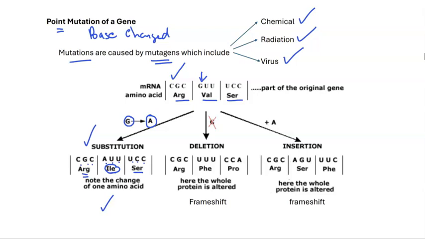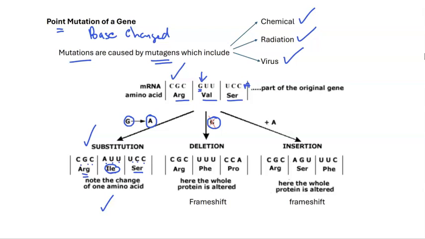The deletion of a base, however, has a much more drastic effect. So if we delete G, then our code will now read CGC, but the G's gone, remember. So now we shift our code on to UUU, CC, and the next one down here must have been an A. We didn't know that, but it is.